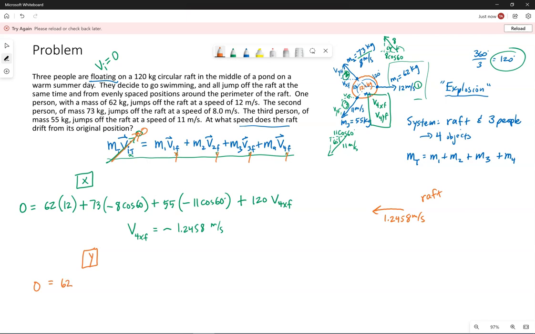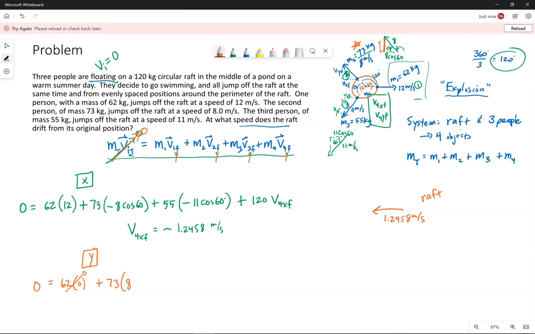So the first person has a mass of 62 kilograms, but the way I've drawn the picture, they do not have a y component of velocity. I did that just to simplify a little piece. Our second person has a mass of 73 kilograms up here. Their y component of velocity is upwards.